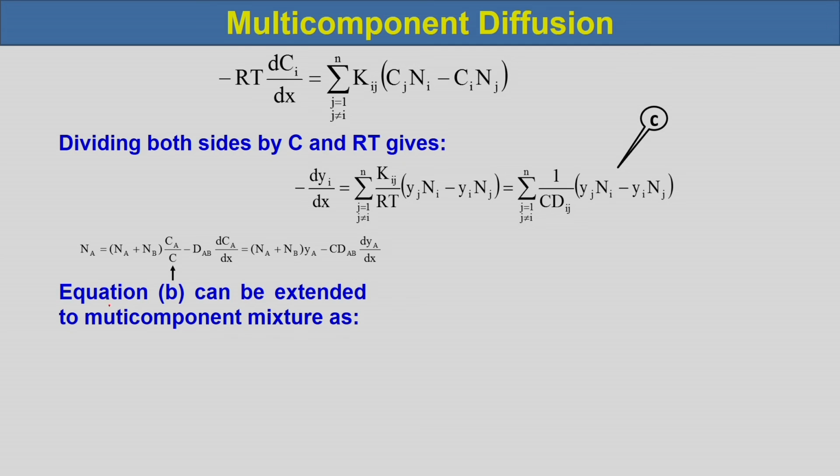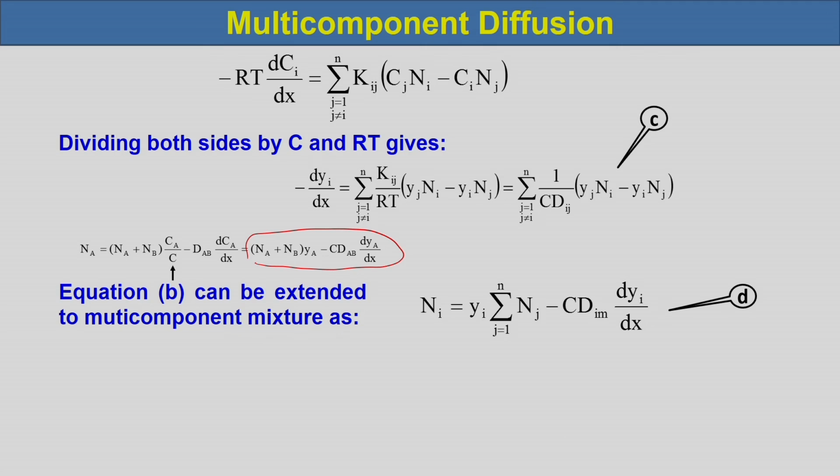Now, equation B, which we derived before, N_A equals (N_A plus N_B) into Y_A minus C D_AB dY_A/dx, can be extended to a multi-component mixture as Ni equal to Yi times the summation over j equal to 1 to n of Nj, minus C D_im dYi/dx. So, D_im is the diffusivity of the mixture.